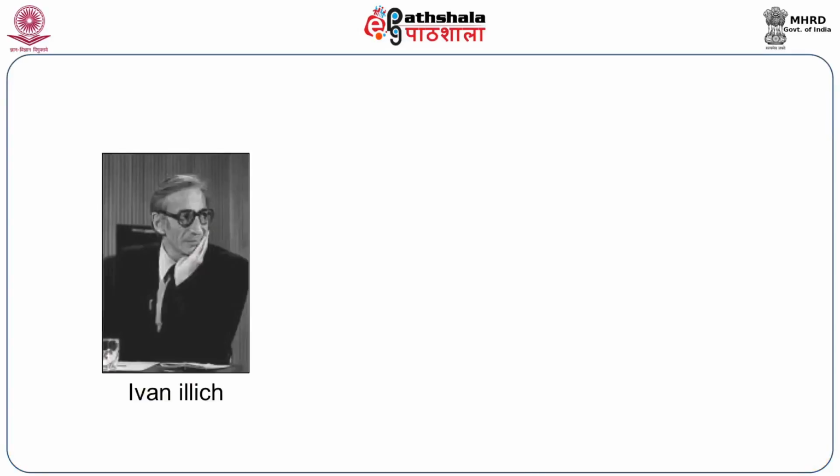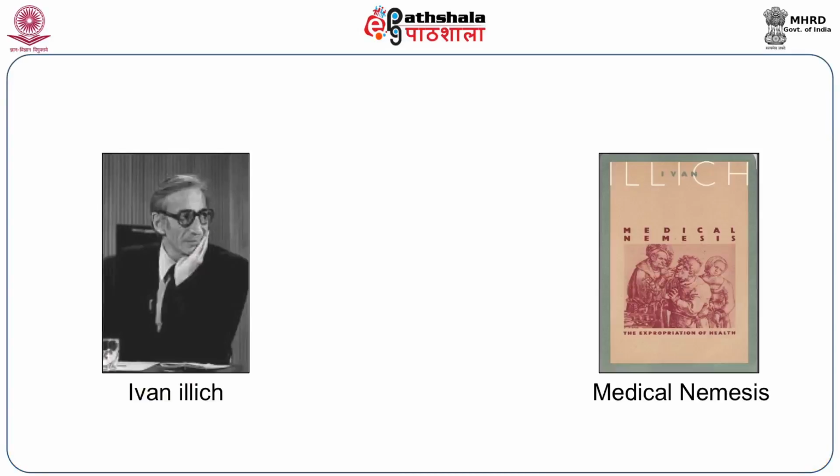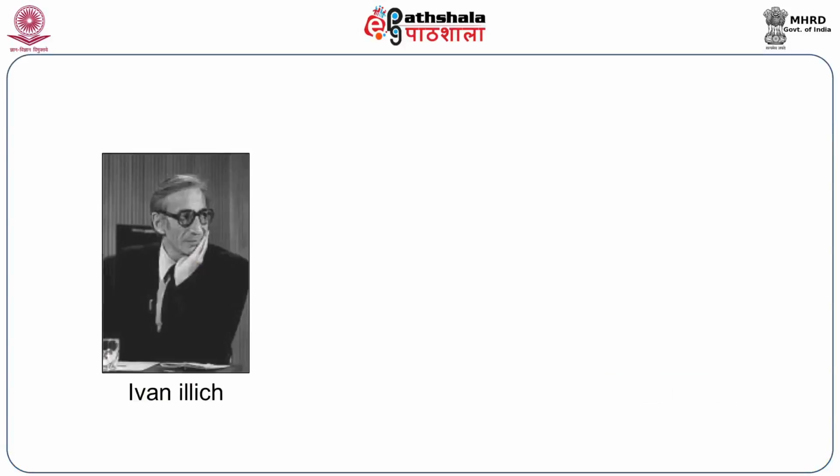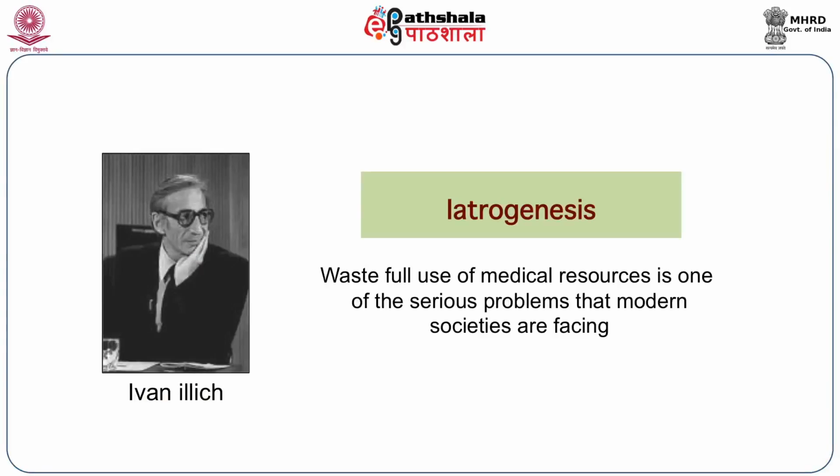In fact, Ivan Illich in his book Medical Nemesis, Limits to Medicine, clearly says that iatrogenesis, wasteful use of medical resources, is one of the serious problems that modern societies are facing.